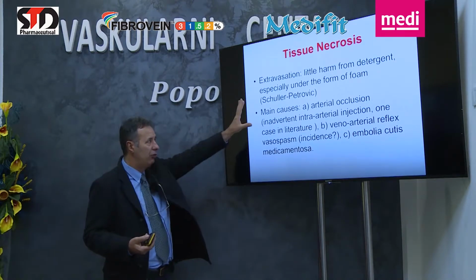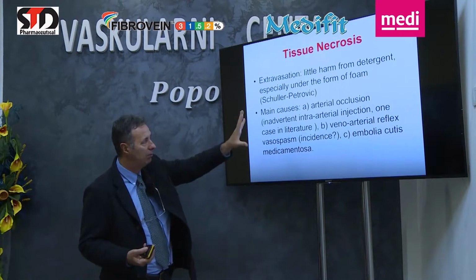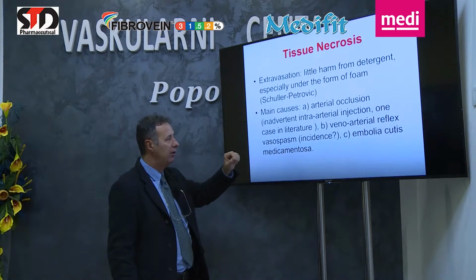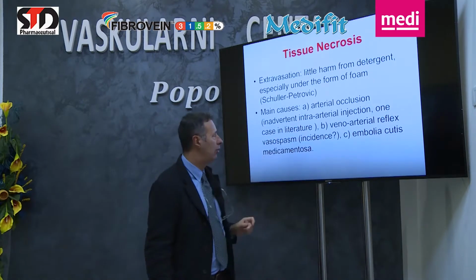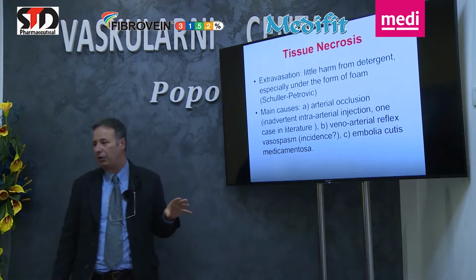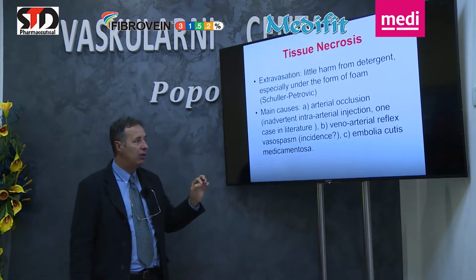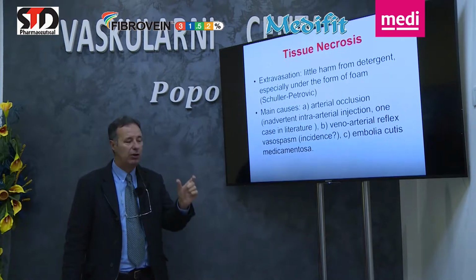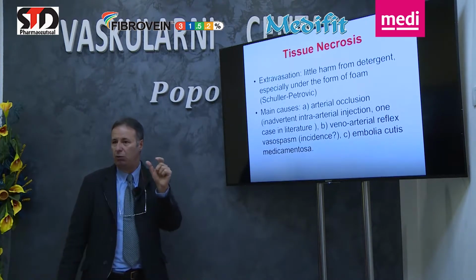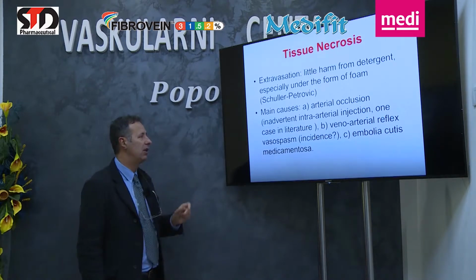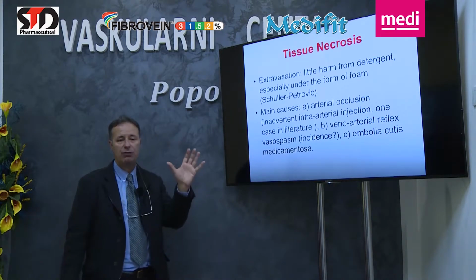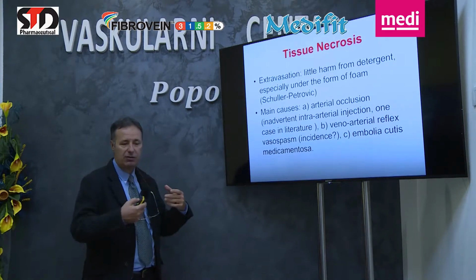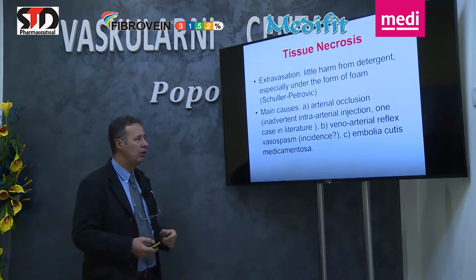Not only extravasation, but also other possible causes are called in as a possible reason. Arterial occlusion, because you inject an artery. Okay, veno-arterial reflex vasospasm. This is important because we have a sphincter between the venular and the arteriolar side, and sometimes this sphincter goes into spasm because of a possible excessive pressure or dose or whatsoever.